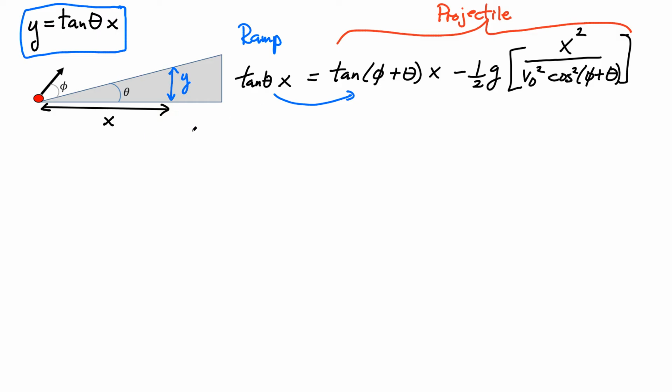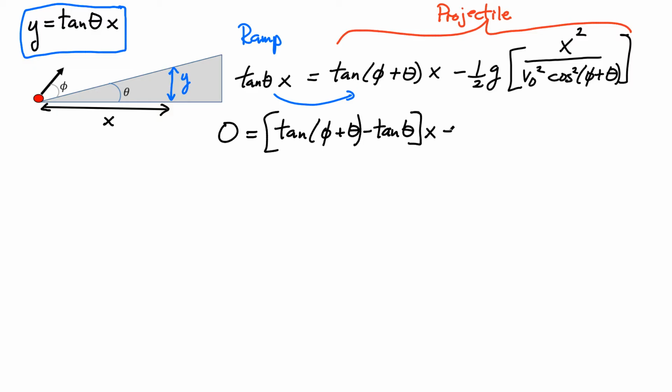So we're going to have 0, let's make some room, 0 equal to, here I'm going to have tangent, looking at all the terms that are linear in x, of phi plus theta minus tangent of theta. All of this gets multiplied by x.